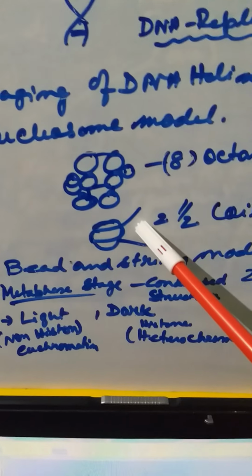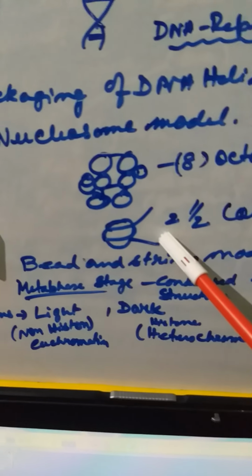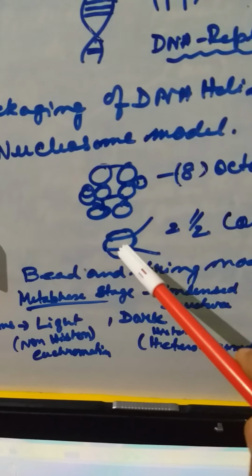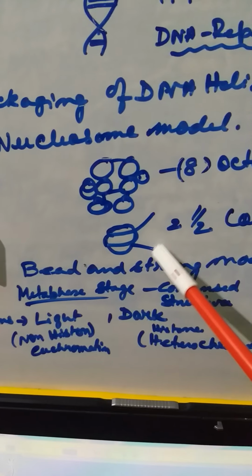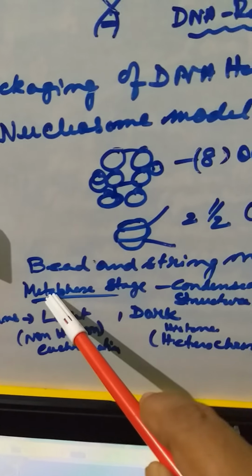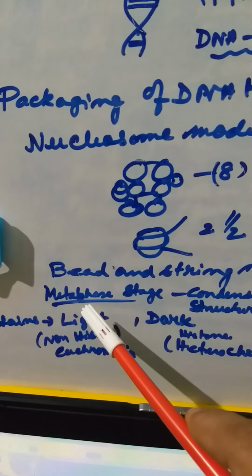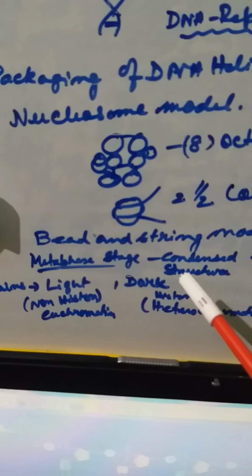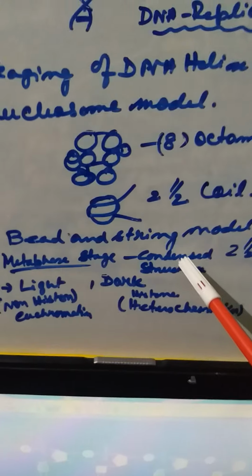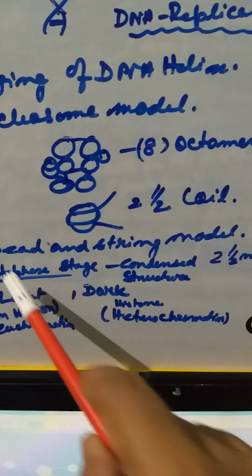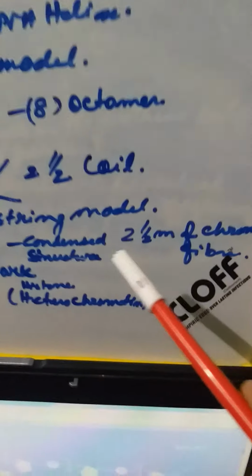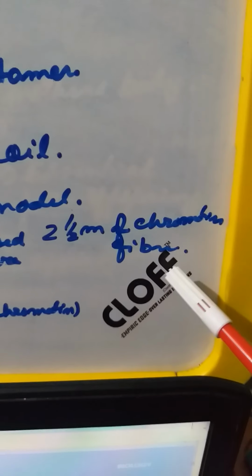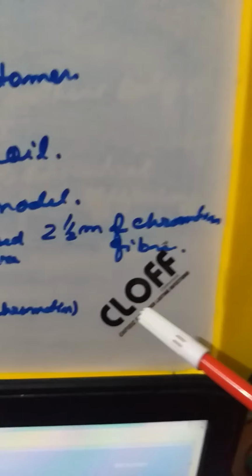Whatever you see, the chromosome or the chromatin material, basically it is an admixture of protein and the DNA coil. This is visible under the microscope only when the structure is very condensed, in the metaphase stage.